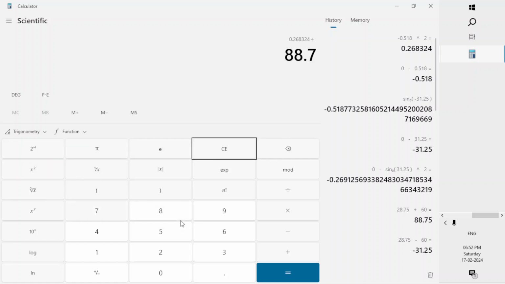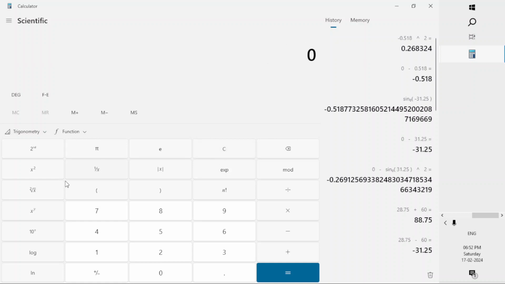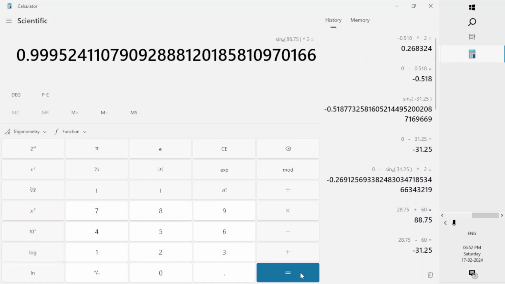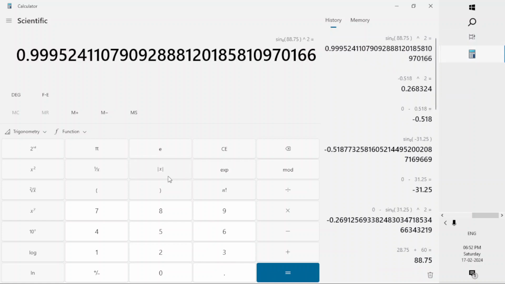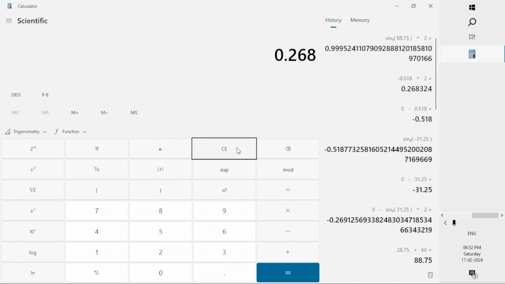So 88.75, and then we take that sine and square it. So our initial value was 0.268 divided by 0.999.